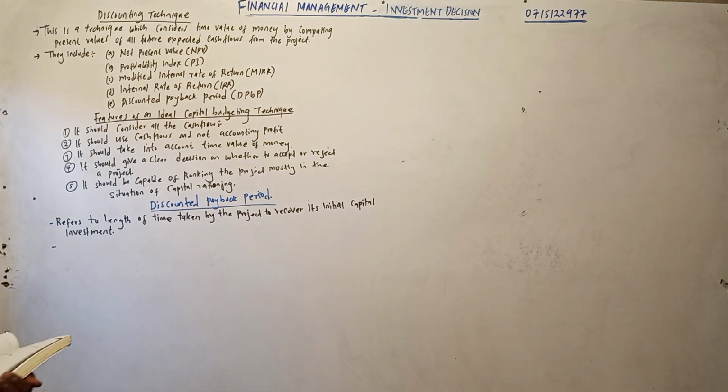So that is all about the discounted payback period, and the formula is the same as the other one.